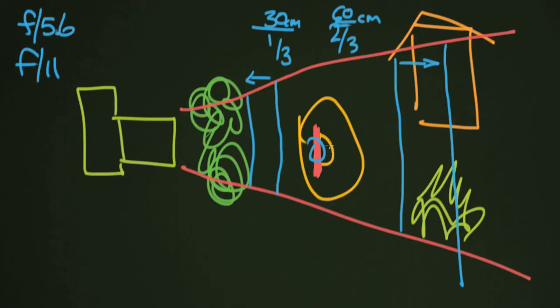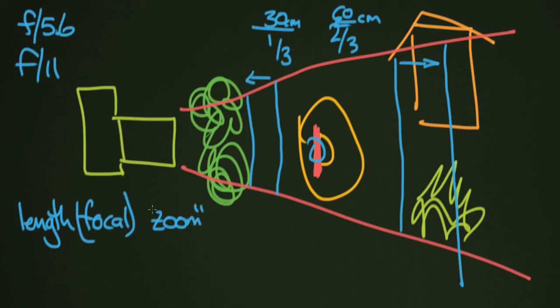Things that affect this are the length of your lens, so your zoom, so focal length, sometimes called your zoom. And you're also going to have your f-stop, obviously, that's going to affect that. Also your distance to your subject.